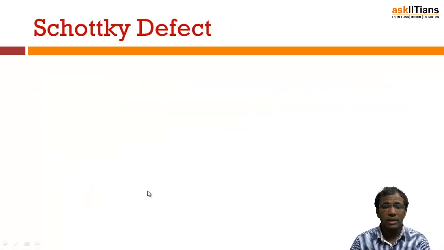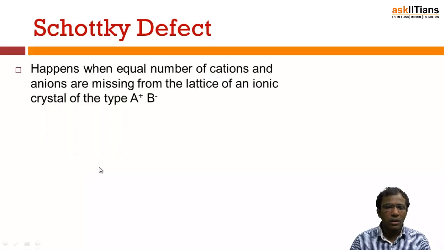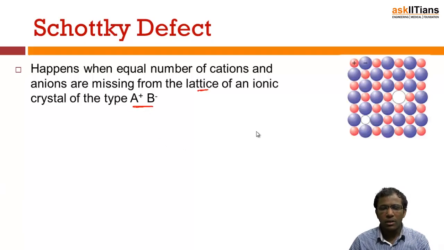First is Schottky defect. So what is Schottky defect? This defect happens when an equal number of cations and anions are missing from the lattice of an ionic crystal of type AB. If I take a crystal of AB type containing cations and anions, in this defect an equal number of cations and anions will be missing from the crystal.